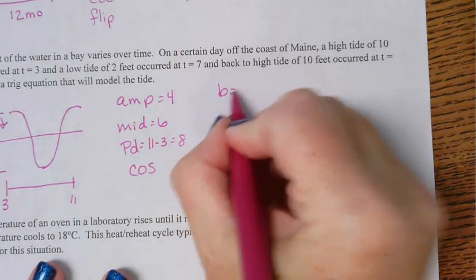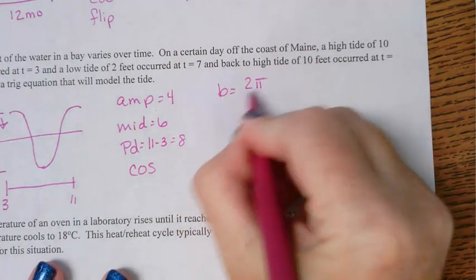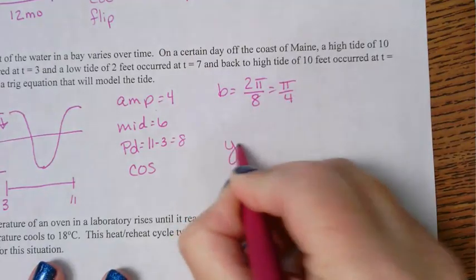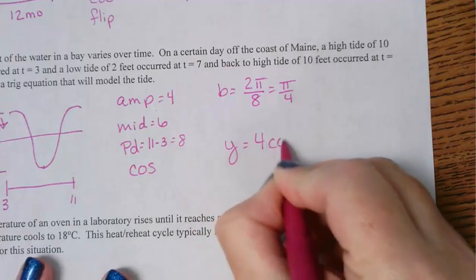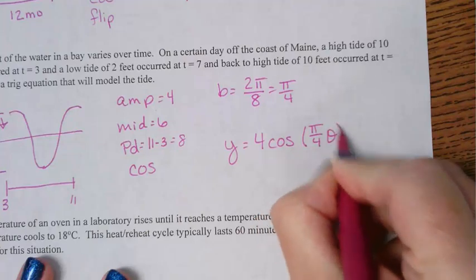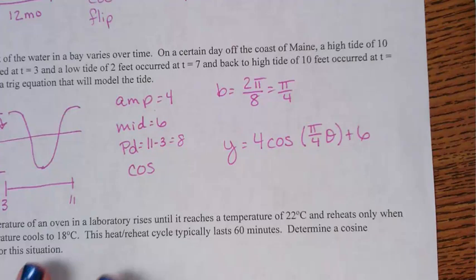So b equals 2 pi over 8, which reduces to pi over 4. So y equals 4 cosine pi over 4 theta plus 6. Okay, not horrible.